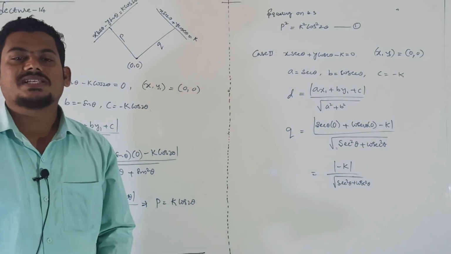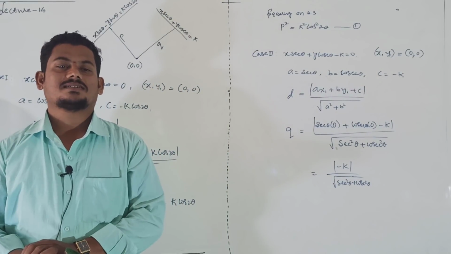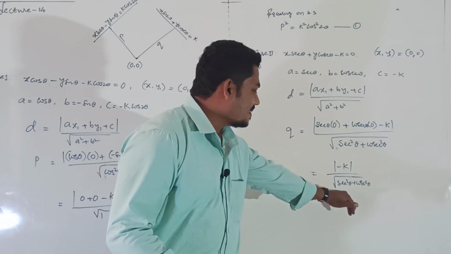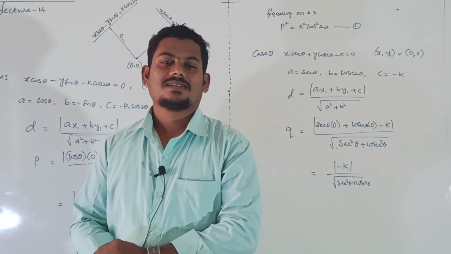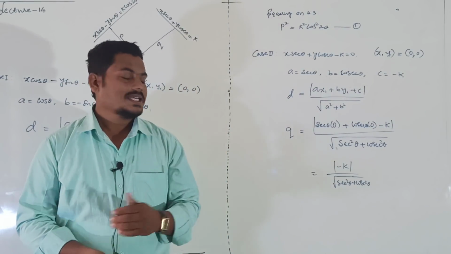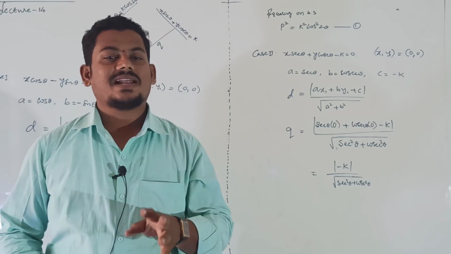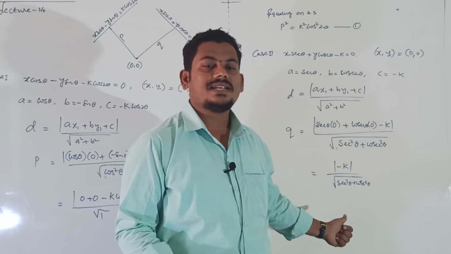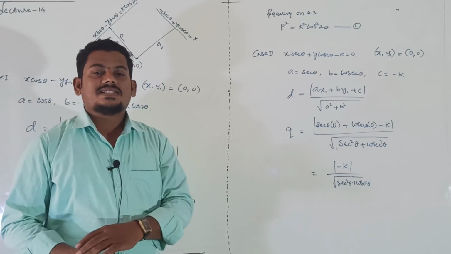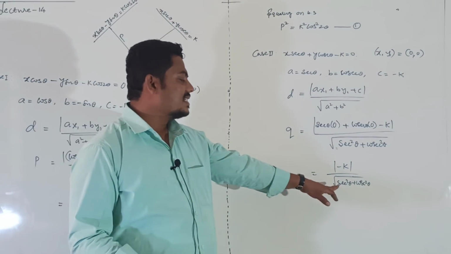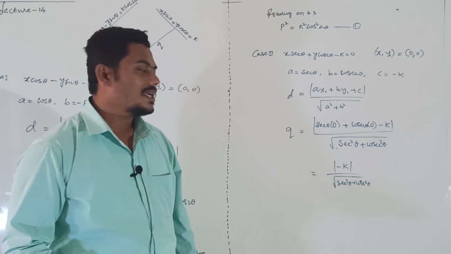Then what is value of secant square plus cosecant square? Is it equal to 1 or minus 1? Secant square theta plus cosecant square theta is equal to whether minus 1 or plus 1? None. Secant square plus cosecant square is not equal to minus 1 or plus 1. We don't have any identity for secant square plus cosecant square, right? 1 plus tan square is secant square, but for secant square plus cosecant square we don't have any relation or any identity, right?